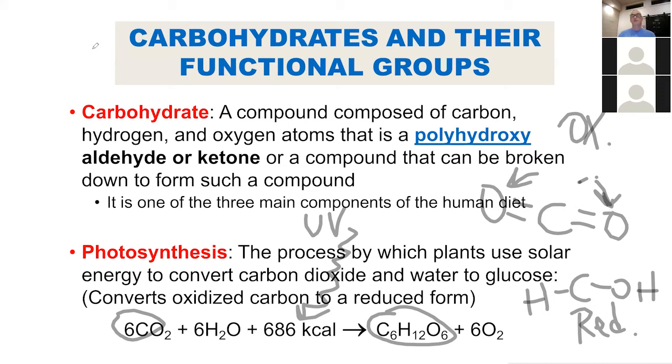And it's that reduced form of carbon that we will then use to go backwards and do exactly the opposite and oxidize it in our body, releasing that same amount of energy, because basically this is a reversible reaction. We reverse the reaction, get the energy back out, and then convert it back into oxidized form. So it's a good thing that plants figured out how to do that.